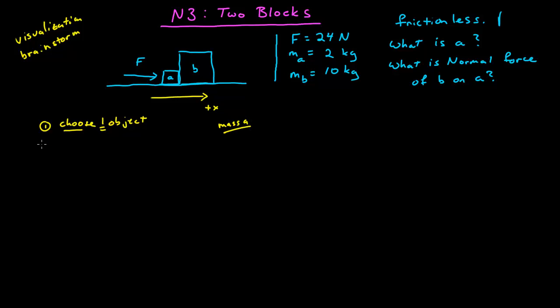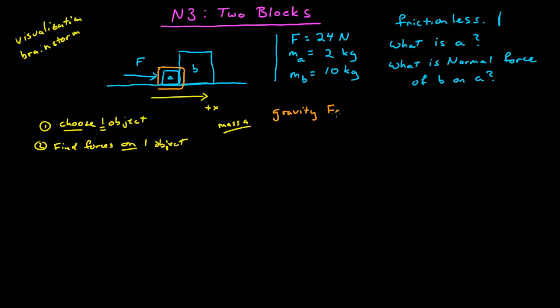Okay. Next, I need to find the forces on that one object. So what are the forces on mass A? I'm going to get out my highlighter here, and my forces are going to be gravity, I know.